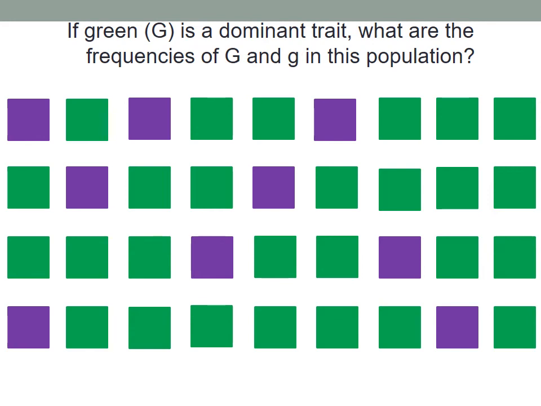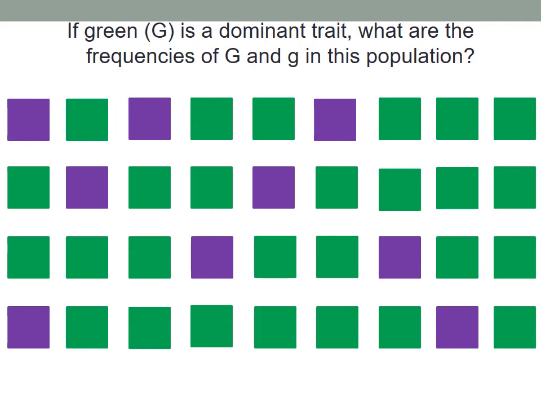So then we can take that information and we can calculate what percentage of these squares would be big G, big G. Well, if we know that p is 0.5, then p squared is 0.25. How about 2pq?